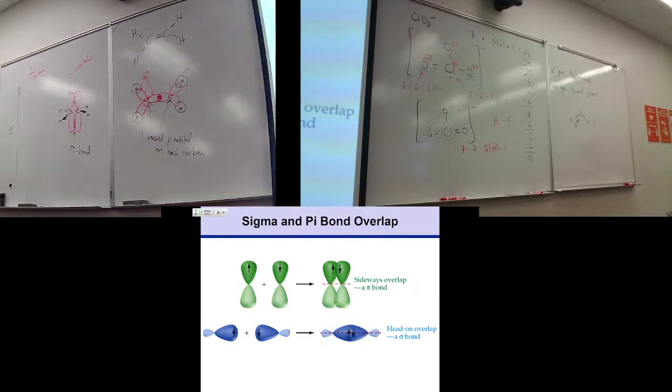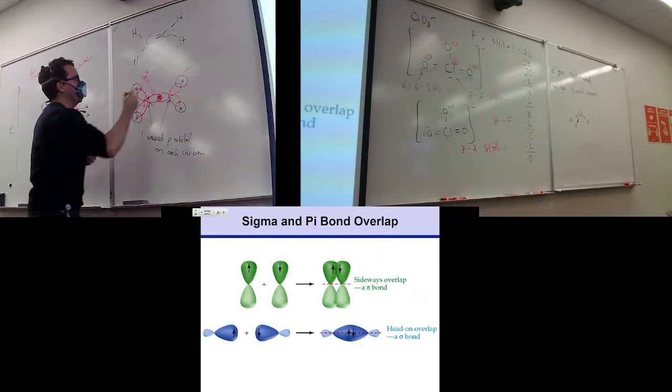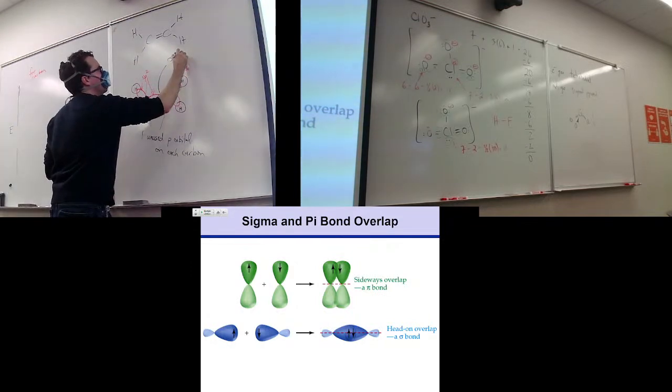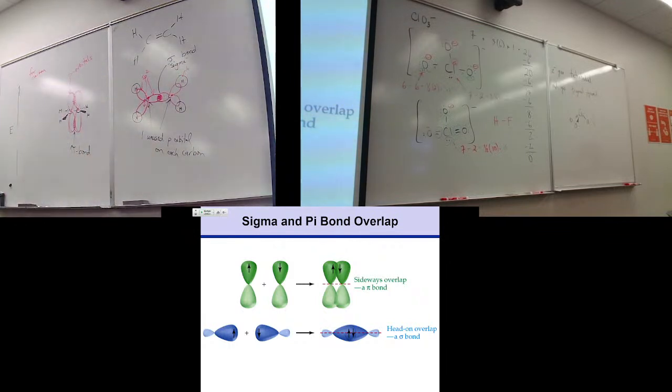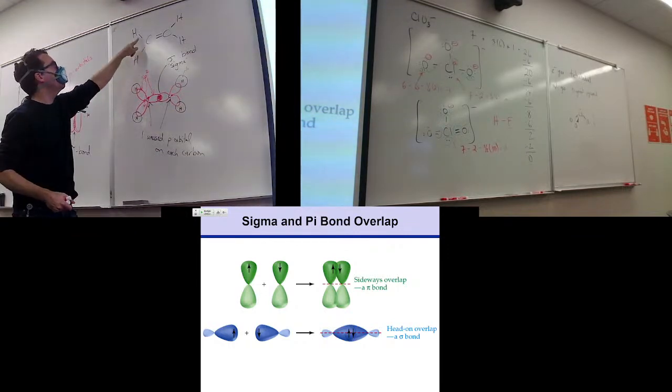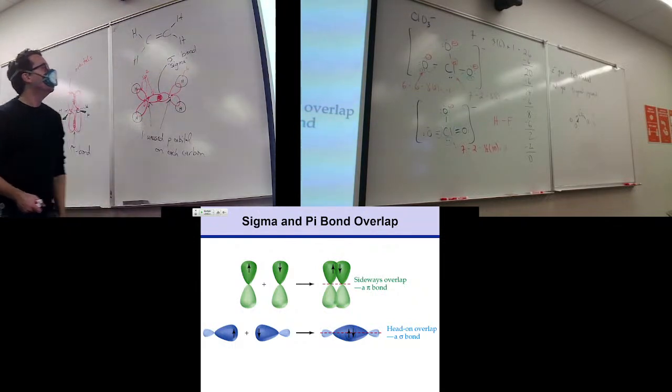And we can generalize this. It turns out that every single bond that you draw on a Lewis structure, all single bonds, are sigma bonds. I should write that, sigma. So whenever you draw a Lewis structure, you can point out, hey, that's a sigma bond, that's sigma, that's sigma.